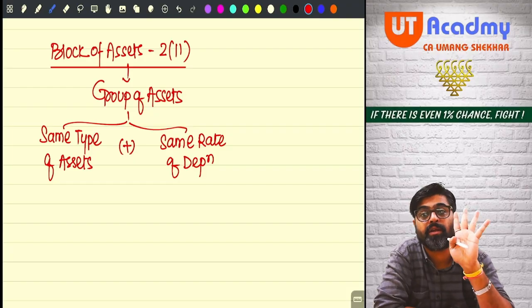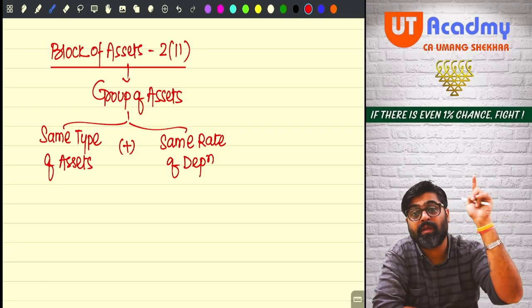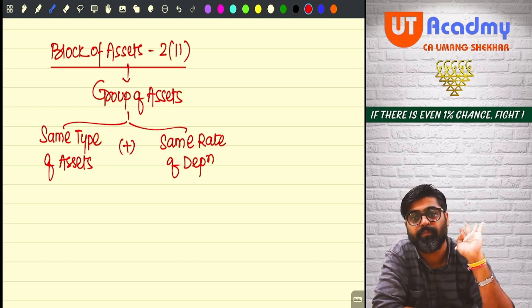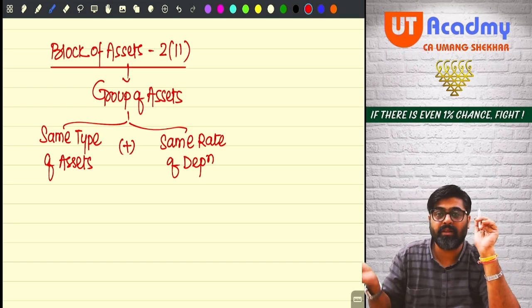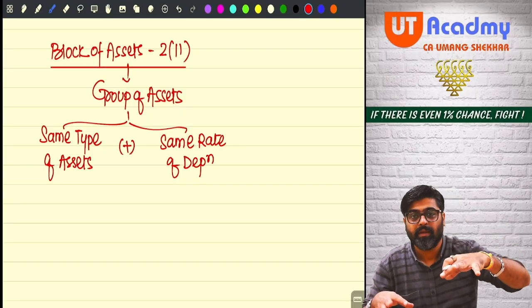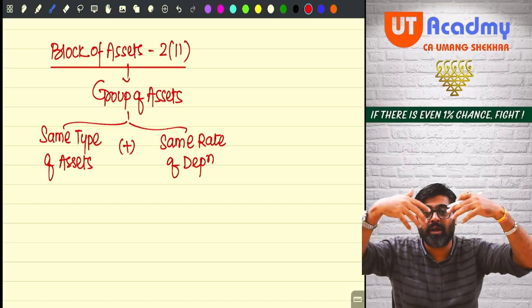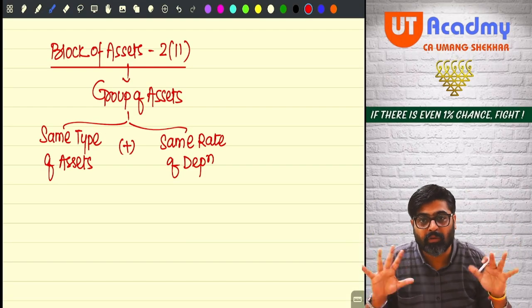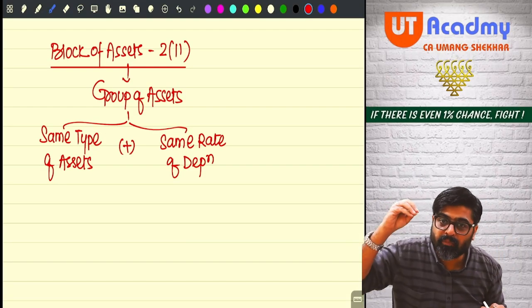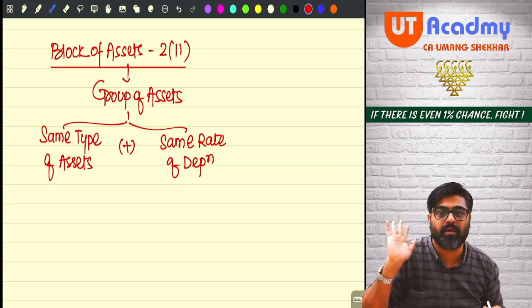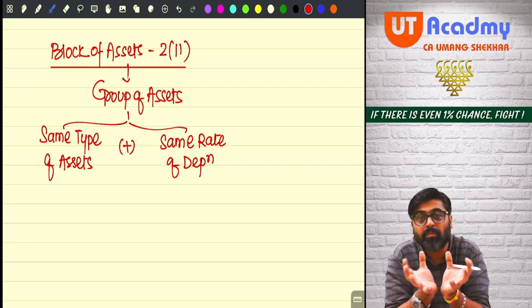All the plant and machinery whose rate of depreciation is 15% will fall in this block, fall in this basket. So as and when the machinery will come, the identity of individual machinery will go. Identity of individual asset will be lost. Now there is no asset. The moment it becomes part of the block, the identity of the asset is gone. Now asset does not remain because the block is there.